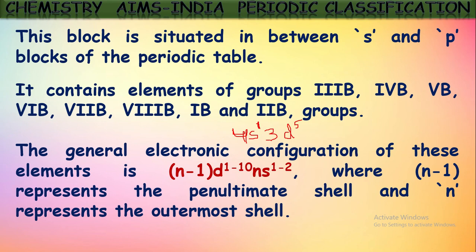This we know already. Now how can it be represented? ns1, so if it is n, what does it become? n minus 1, (n-1)d5.